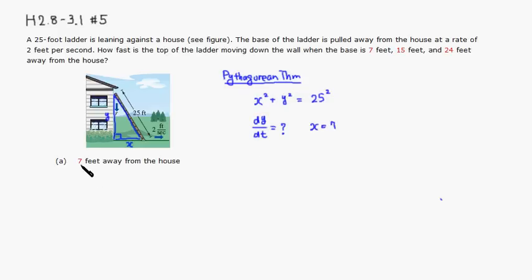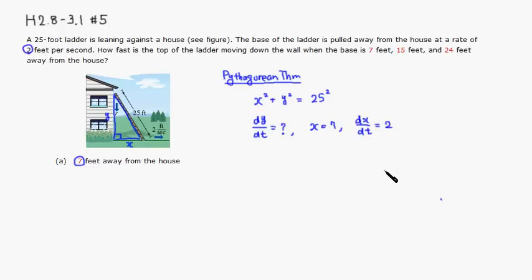And also dx over dt: since the bottom of the ladder is pulled away from the house at 2 feet per second, dx over dt is 2.